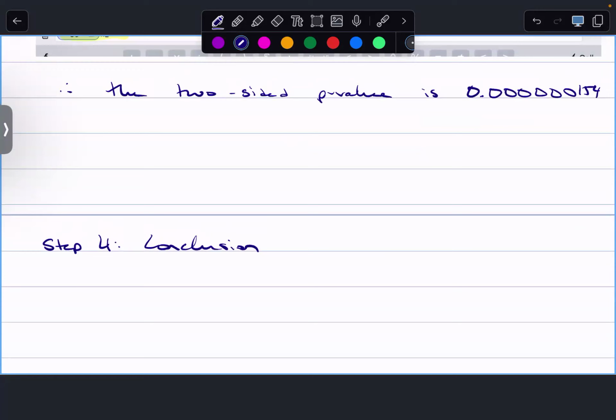We're going to use the p-value that we found as part of our argument.